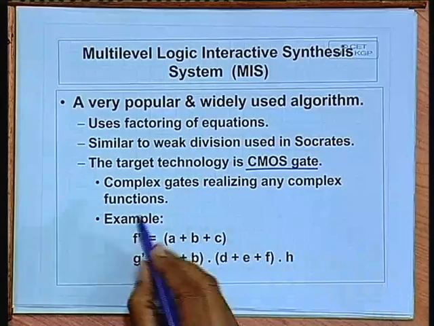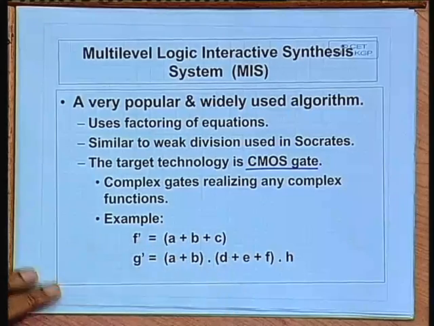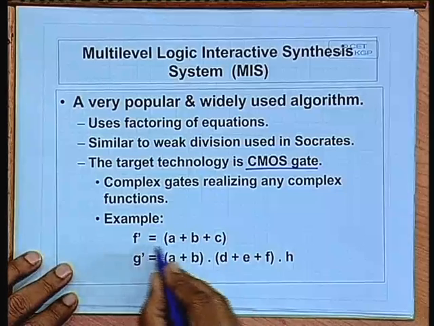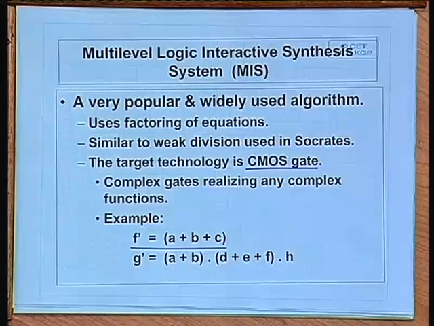Target technology CMOS means that whatever equation I write, it is a negative equation, because I am showing you why. Let us take this example. This is a 3 input NOR gate. Now, in CMOS, a 3 input NOR gate will look like this.